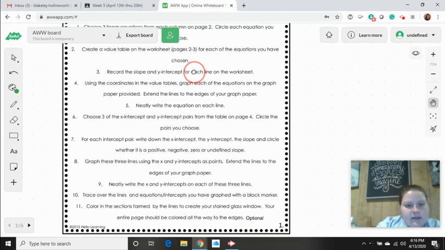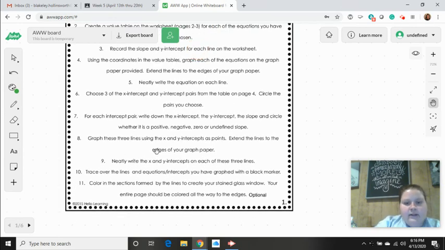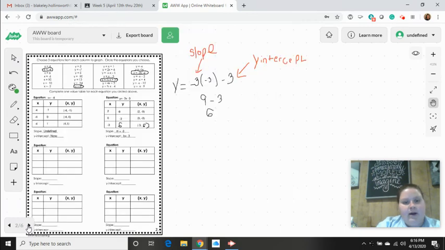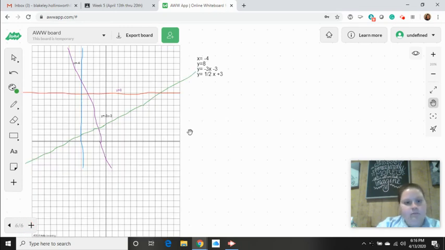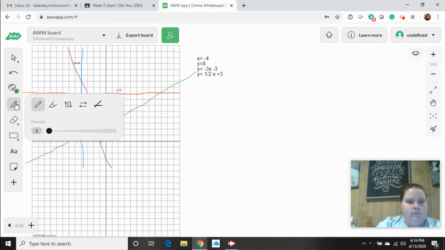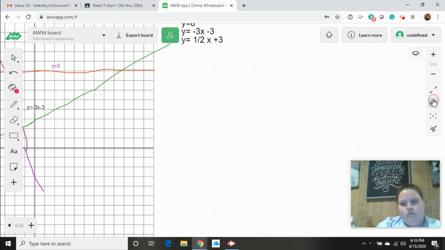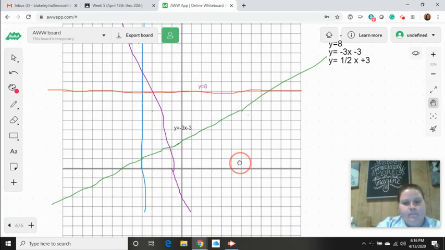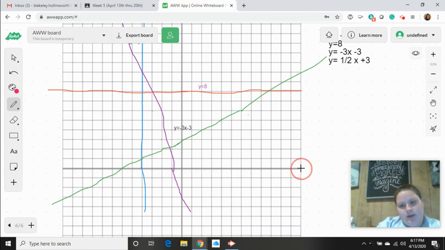Then it says, graph these 3 lines using the x and y intercept as points. Extend the lines to the edge of the graph. Okay, so my points were negative 10, 10. So we're going to have an x-intercept at 10. So 10 would be here on my x-axis.